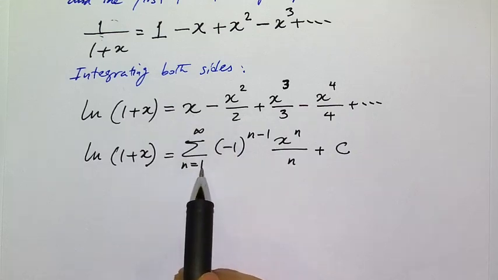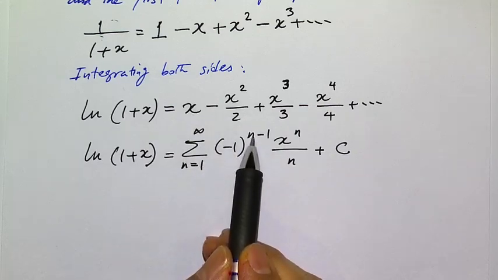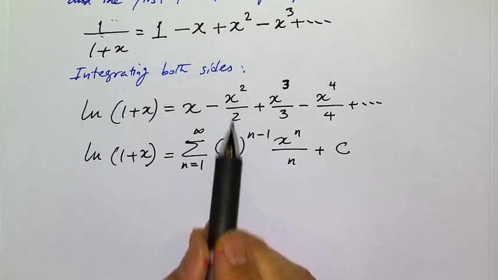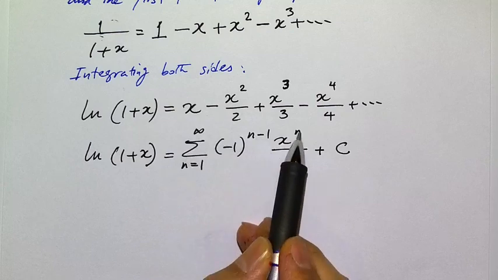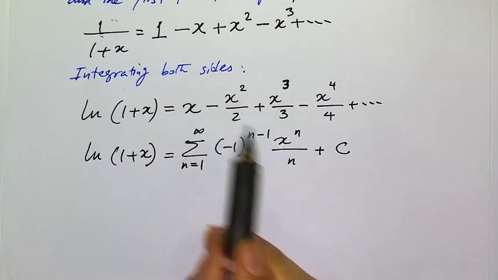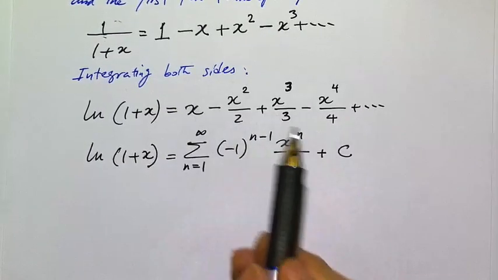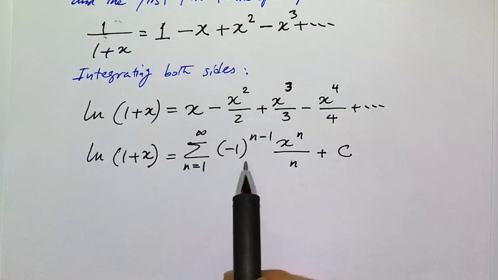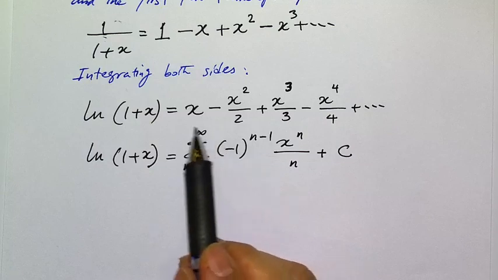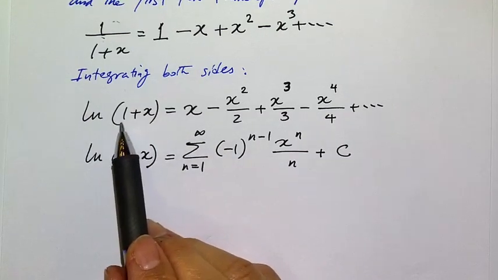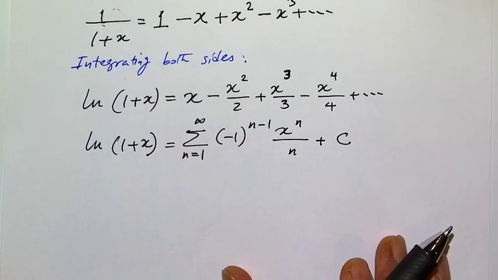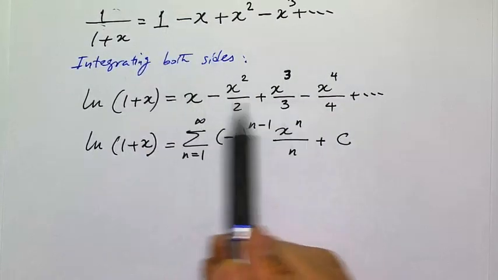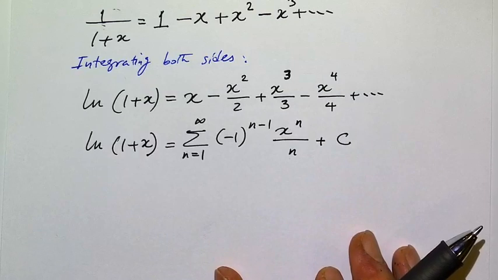For n equals 2, this will be 2 minus 1. Minus 1 to 1 power is just minus, and then x squared over 2. So notice that from here we can come up with this series interpretation of natural log of 1 plus x, just looking at the individual terms. It helps out if we write the individual terms like that.